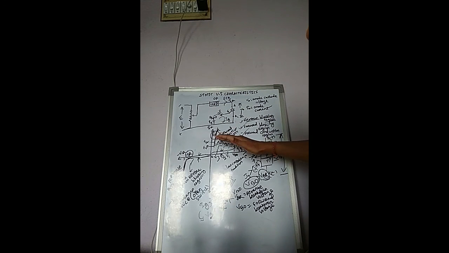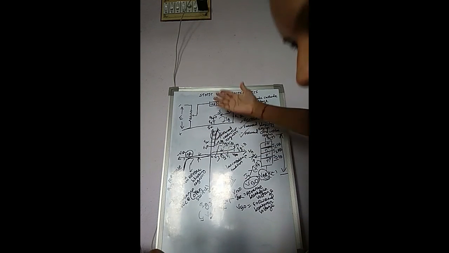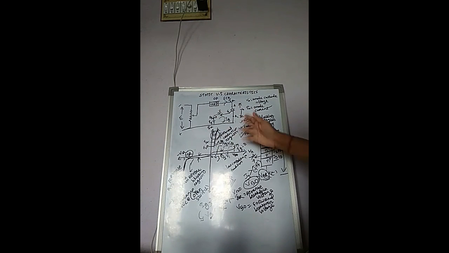So after reaching this forward conduction region beyond latching current level, the gate signal is no longer required to maintain the device in its on state. Initially in this part I put a gate signal to turn on the thyristor.